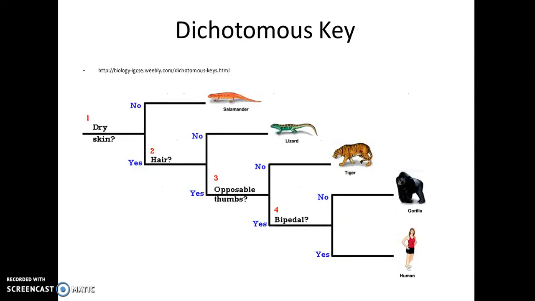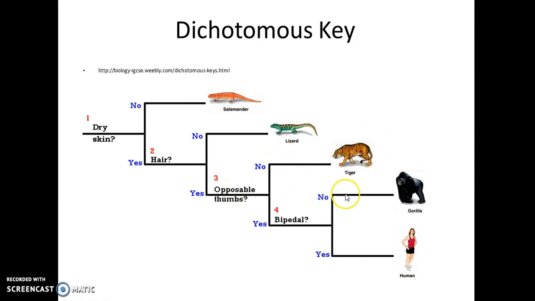So a dichotomous key is a series of questions with yes or no answers. And each key represents a cladogram. So does it have dry skin? No, that means it has moist skin, as a salamander. If it does have dry skin, that means we have these organisms. Hair? Well, no, lizards don't have hair, but these organisms do. Opposable thumbs?